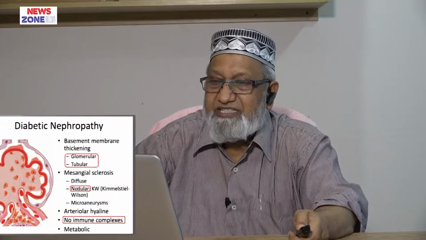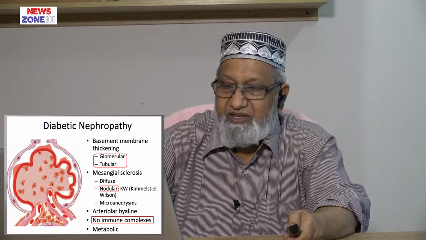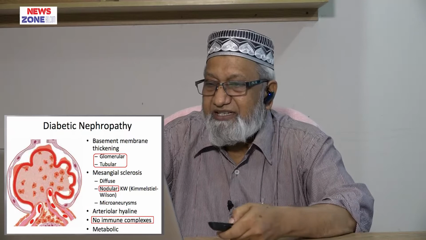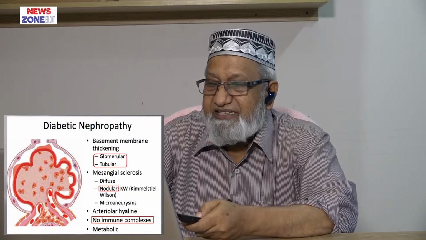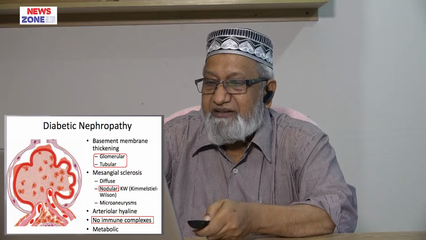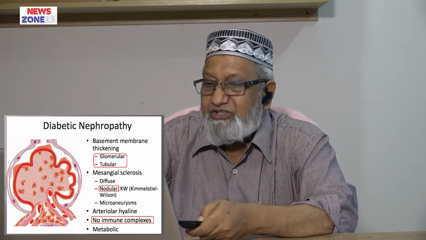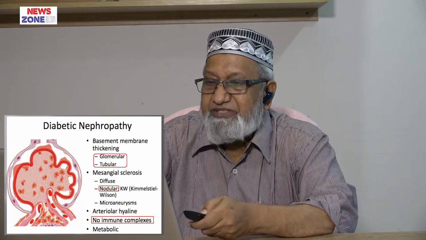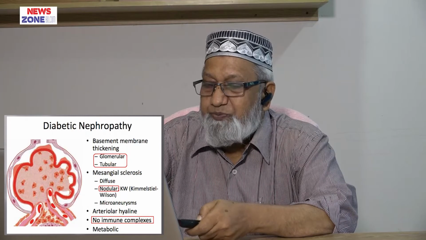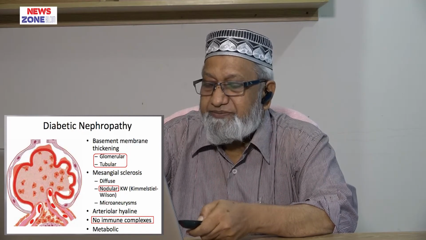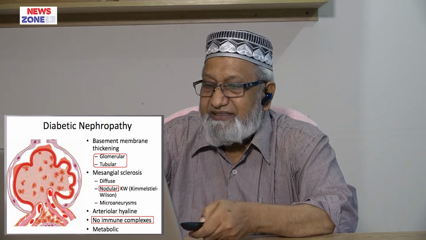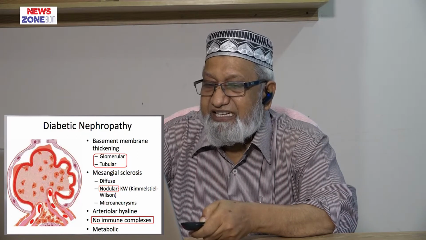So now here comes diabetic nephropathy, an important cause. What happened? Basement membranes become thickened, both glomerular and tubular, mesangial sclerosis, and sometimes there are nodular KW nodules in case of diabetes mellitus, and arterial hyaline thickening also.